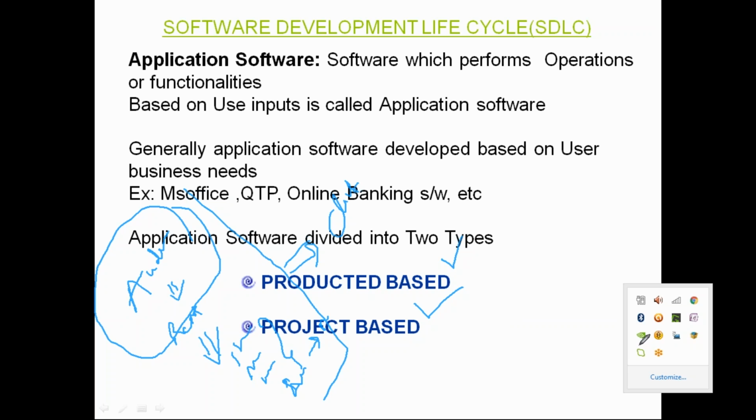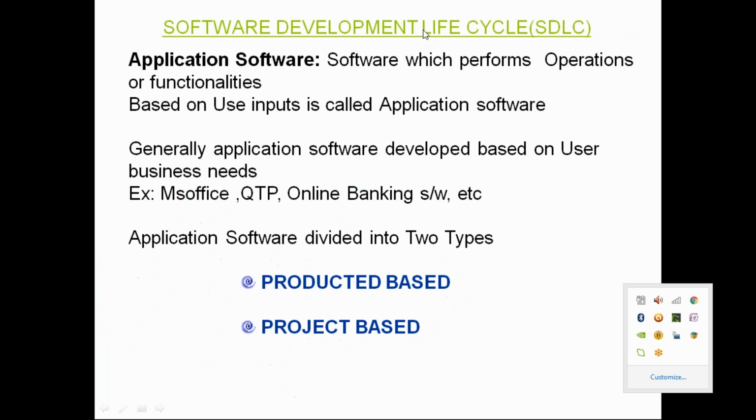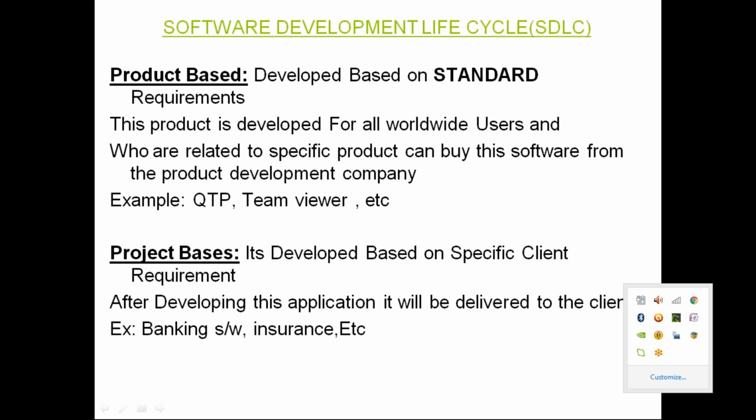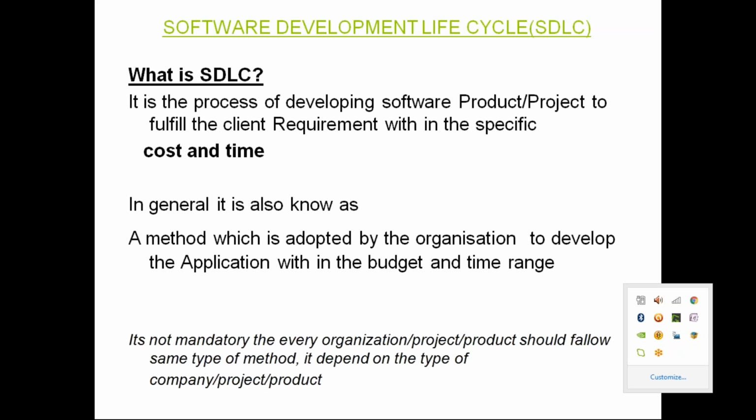Clear? Not only this, even the companies have been categorized as product based companies and project based companies. I guess you have observed this a lot of times while hunting for a job, right? Whenever you see a notification from a company saying openings in product based company, openings in project based company, what does it mean actually?